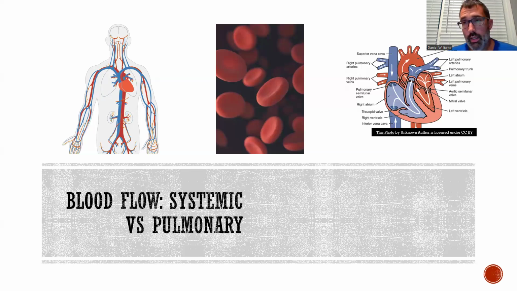And then, nonetheless, at the site of gas exchange, you've got the capillary network, and then you're going to have the exchange of oxygen, the exchange of carbon dioxide, and then that blood is going to go into the veins, and then you've got blood returning to the right side of the heart by way of your superior and inferior vena cava, so that blood can be circulated around again or go through pulmonary circulation where it's going to undergo gas exchange again and exchange CO2 and oxygen.